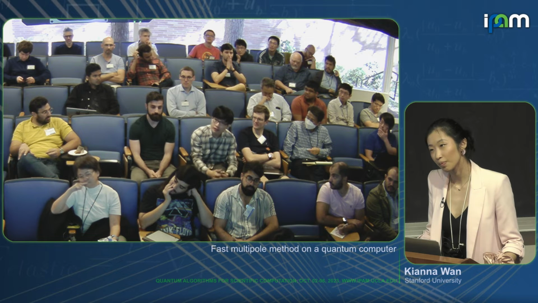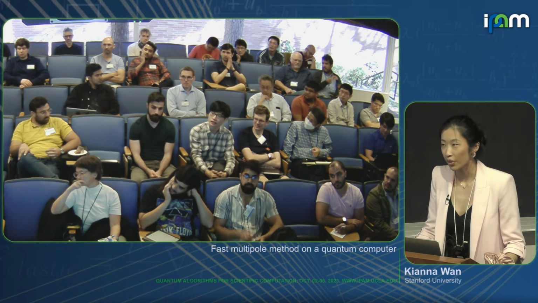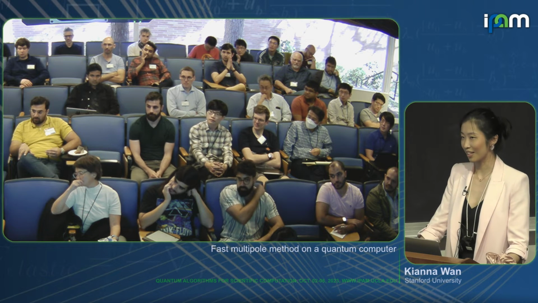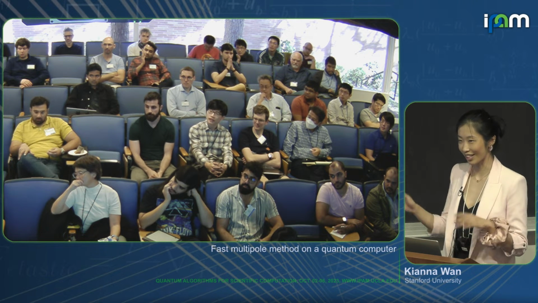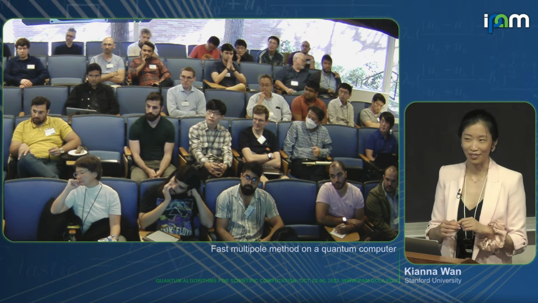So what's the dependence on the dimension of the points? On the dimension? Yeah. Oh, like whether you're in 3D or 4D. Great question. I'm not actually sure, but I'm limiting myself to 3D.